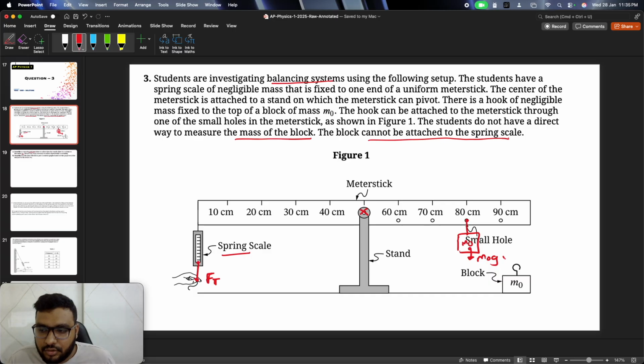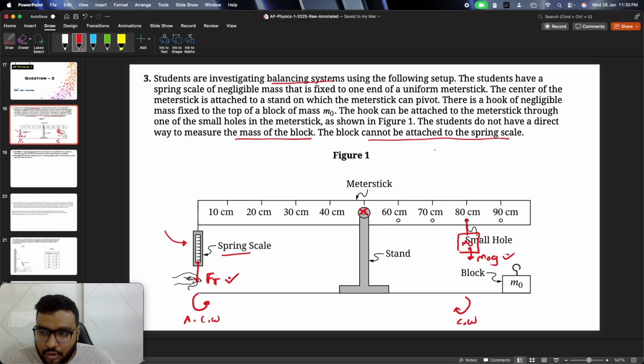Now this force is constant, but we can change the variable force over here, and whatever the force is, we will know it from the spring scale. As this is the axis of rotation, the torque due to one force is in the anti-clockwise direction, and the torque due to the other is in the clockwise direction.